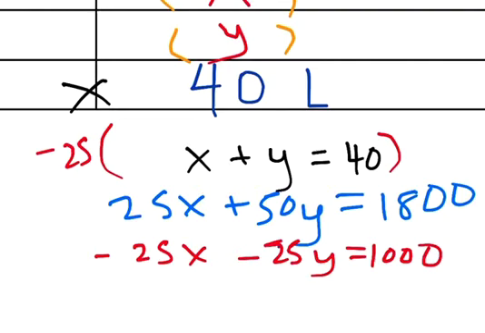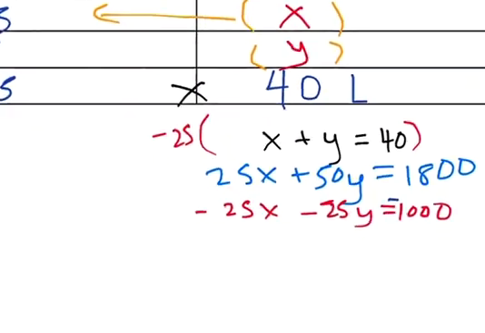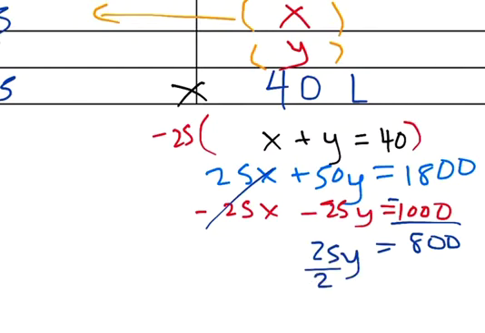Don't forget the negative, right? Did I do that right? Yep, negative 1,000. So I got 800 equals 25y. Divide by 25.